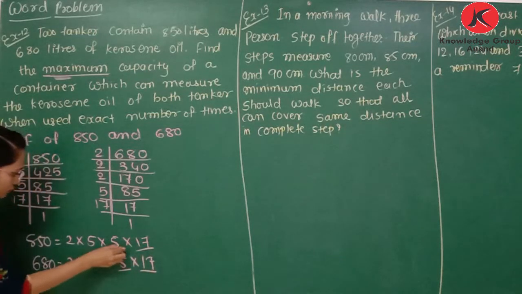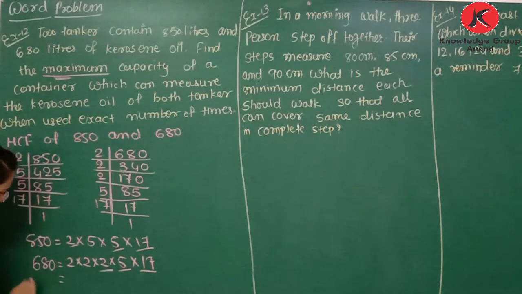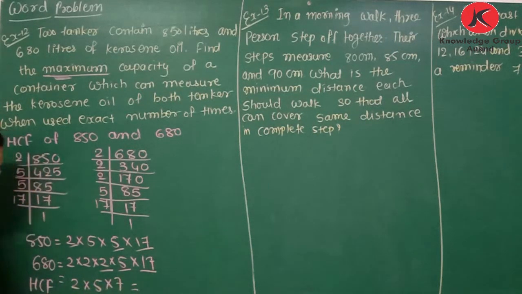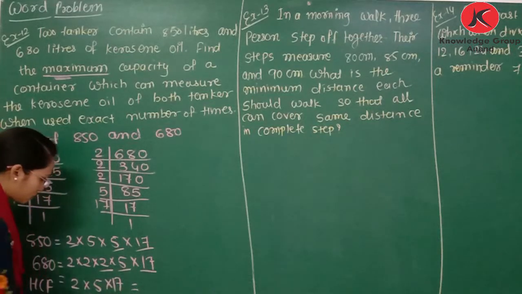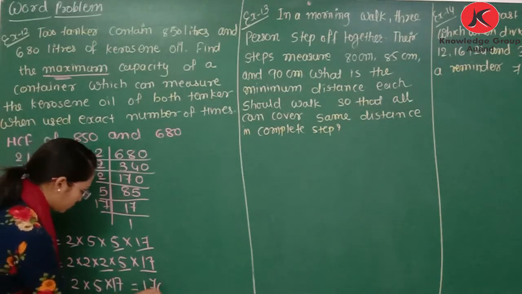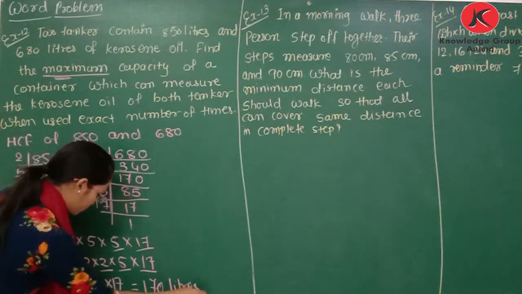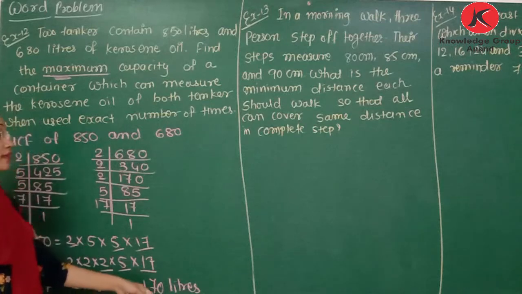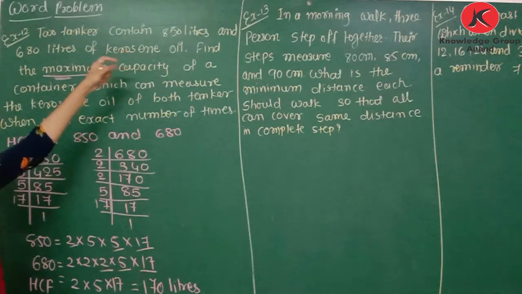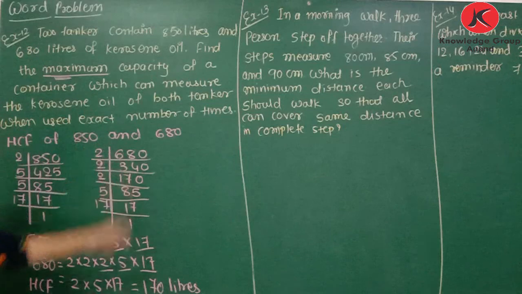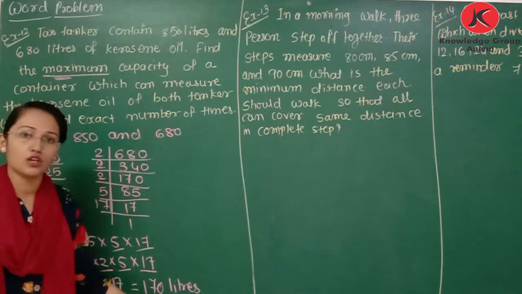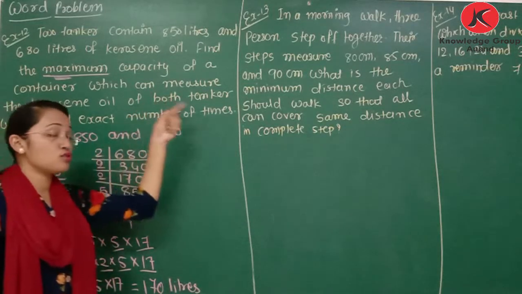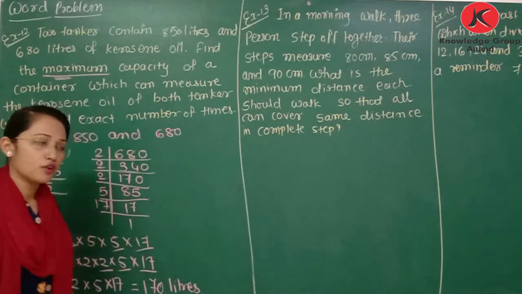So the common factors are 17, 5 and 2. 2 multiply 5 multiply 17, that is 170. So what will be the capacity of the container? 170. 170 divides 850 and 680 exactly. That's why it is the capacity of the container that measures the kerosene of both containers an exact number of times.